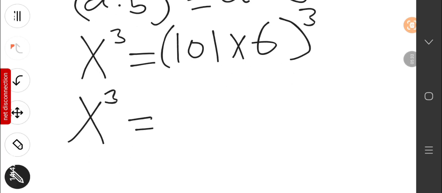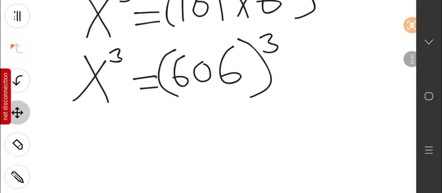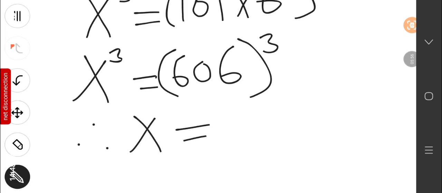So this is going to give us, now, 6 times 1 is 6, 6 times 0 is 0, 6 times 1 is 6. Now here we compare both sides of the equation, and then we say therefore x equals 606. So by observing the equation, you can see that x is equal to 606.